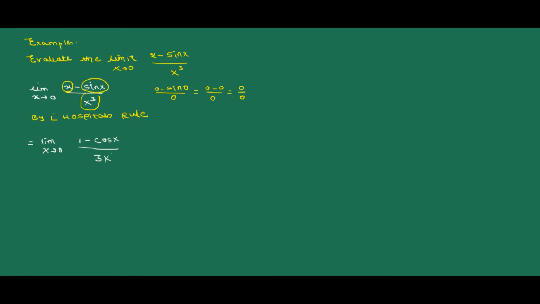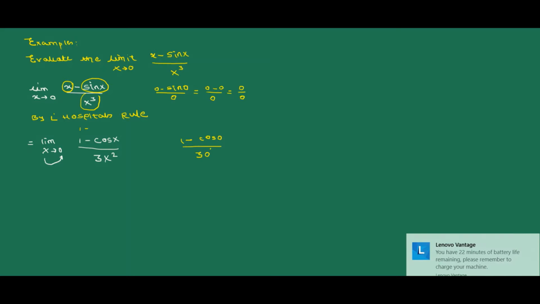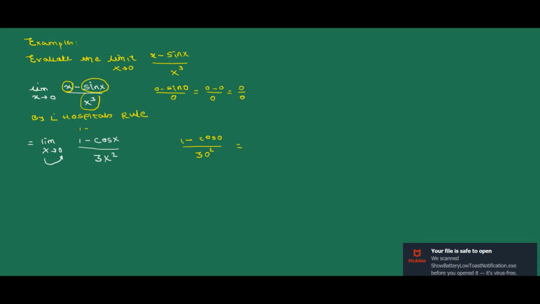This is the first differentiation. Now we have to put x is equal to 0 again. We get 1 minus cos 0 divided by 3 into 0 square.